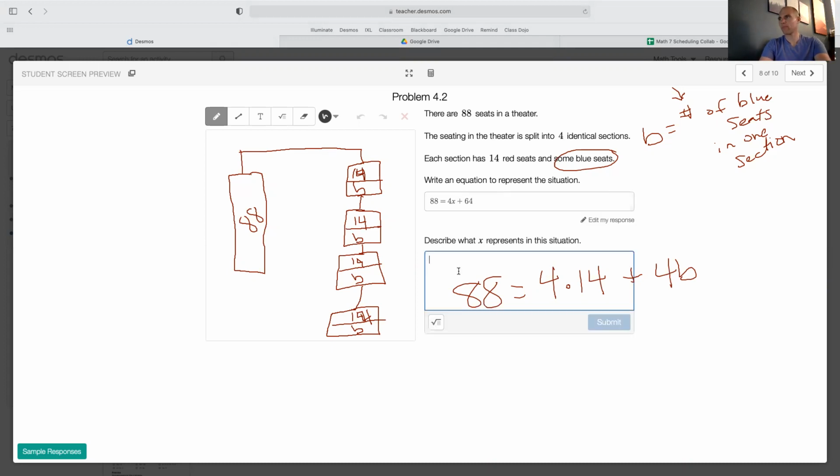X represents the number of blue seats in each section. It's important to be specific because it doesn't represent the number of blue seats in the entire theater. It's just blue seats per section.